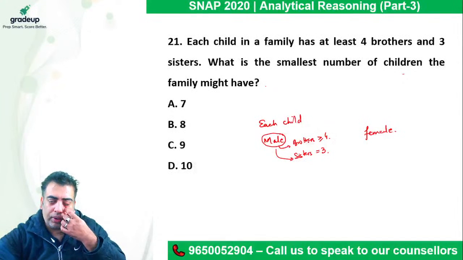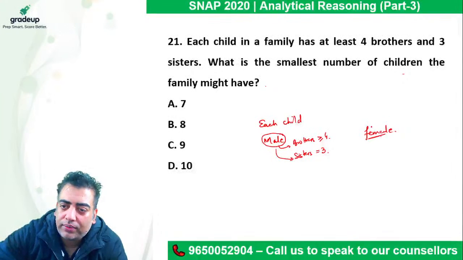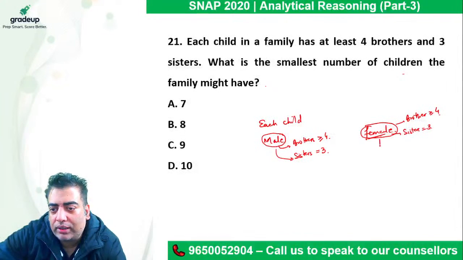If the child we are considering is a female, the number of brothers are greater than equal to 4 and the number of sisters are 3. Now for this child the number of sisters are 3, but when we talk about this child the number of sisters will be 3 plus 1, which is 4.